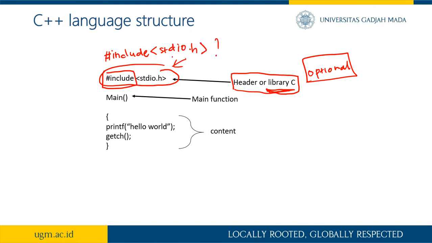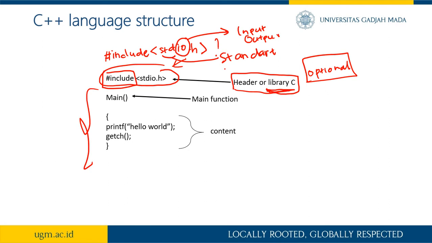What does that mean? STD means standard, and IO means input output. So this program will use the standard input output, so it can use the printf function.